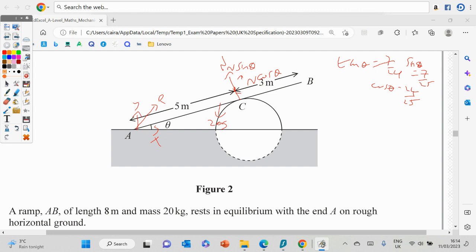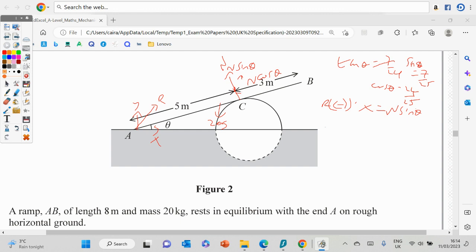So, three things you can do in these moments questions: resolve left and right, or up and down, or take moments. I'm going to resolve that way and that way, first of all. So I've got an X, and I've got an N sin theta going the other way. When you actually tackle this question, it doesn't look half bad, does it?